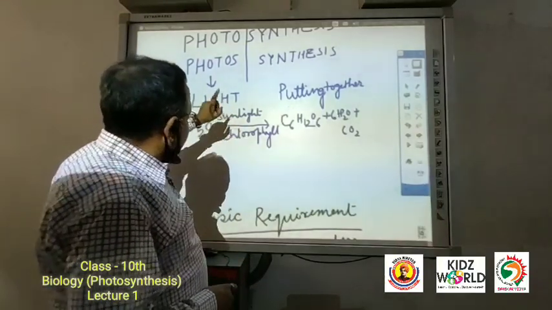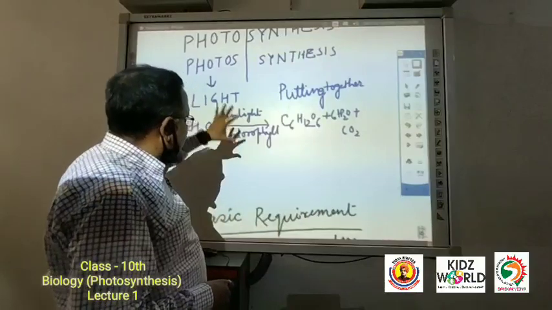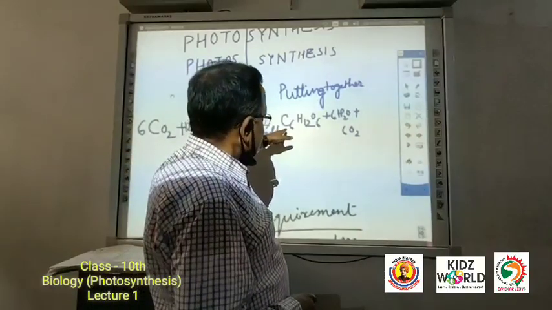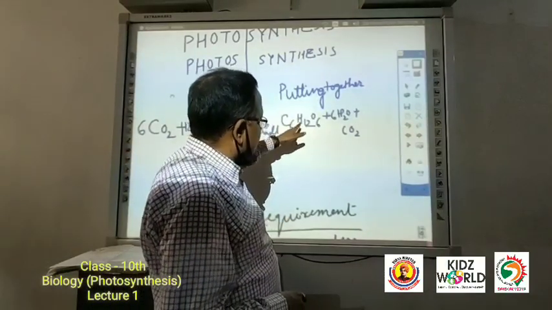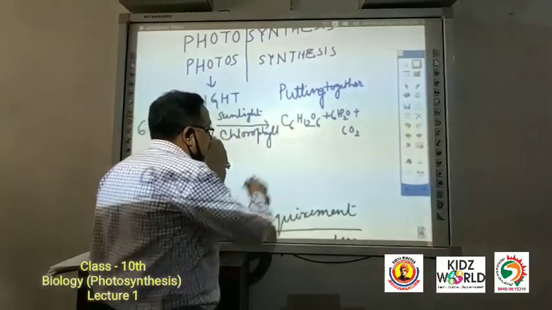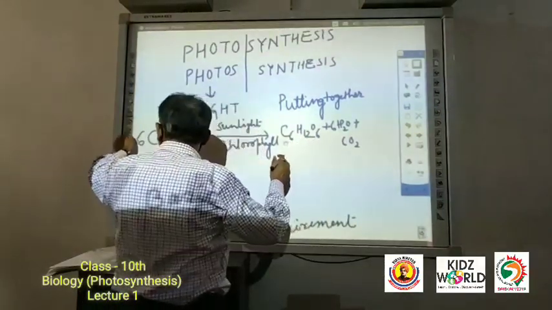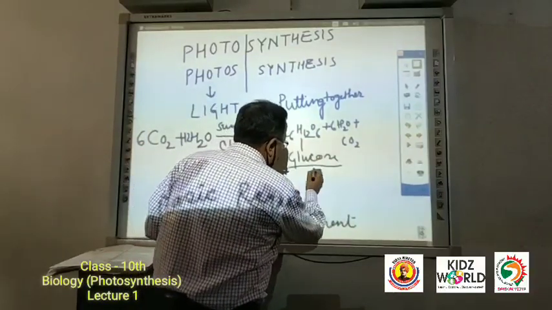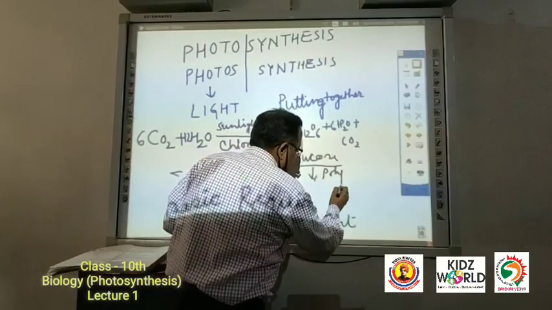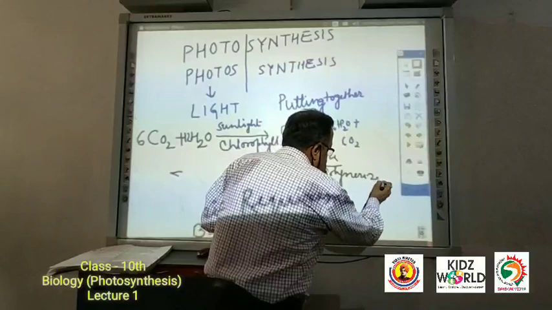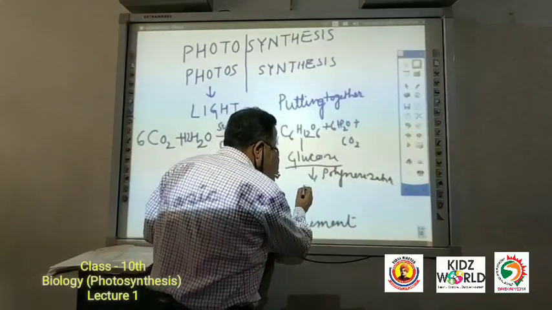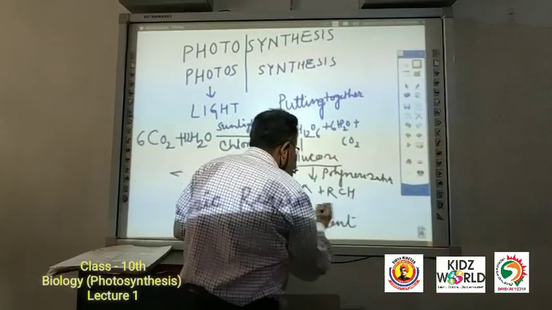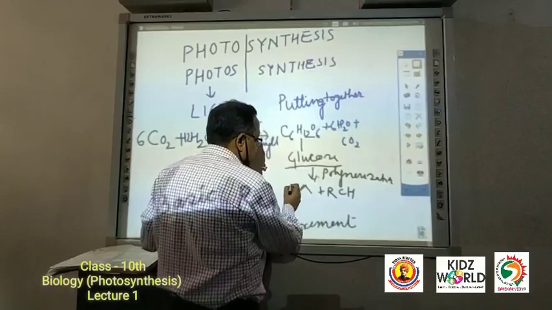And this phenomenon is helped by sunlight, and as a result C6H12O6, which is actually called glucose, is formed, but it goes under polymerization and finally it forms starch.